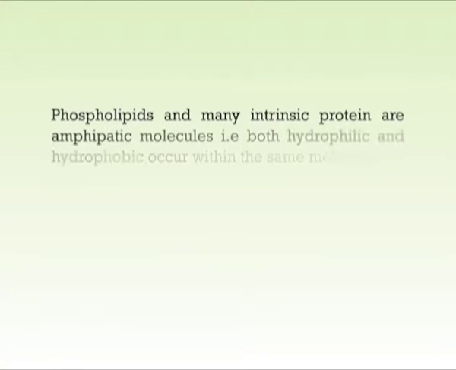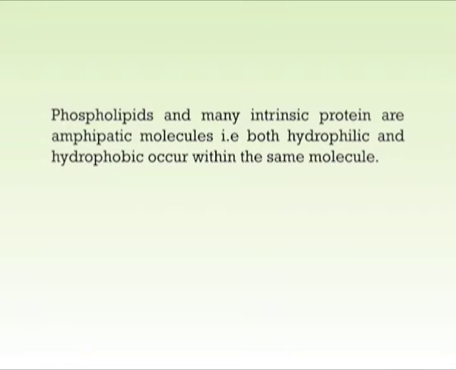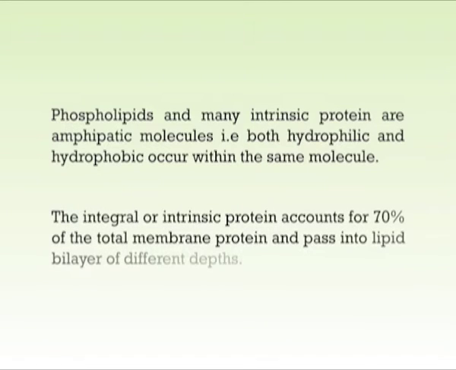It should be noted that phospholipids and intrinsic proteins are amphipathic molecules, that is, both hydrophilic and hydrophobic parts occur within the same molecule. The integral or insertion proteins account for 70% of the total membrane protein and pass into the lipid bilayer to different depths.